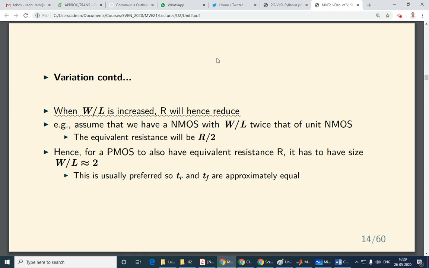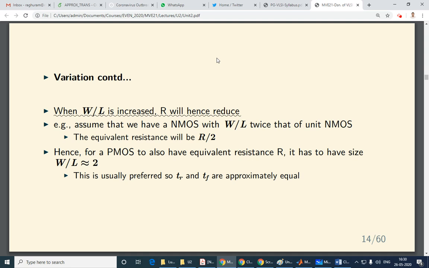And similarly, if the W by L is more, then the size of the capacitance, parallel plate capacitor model, size will increase, which means the capacitance also increases. And that is the relation that we also have to remember.